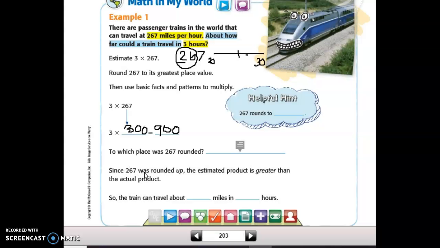Since 267 was rounded up, the estimated product is greater than the actual product. So the train can travel about 900 miles in 3 hours.